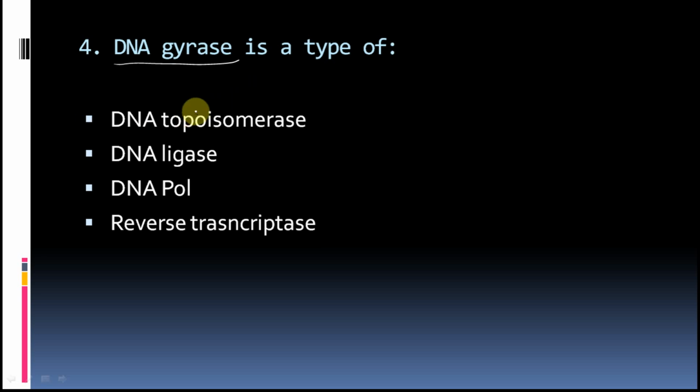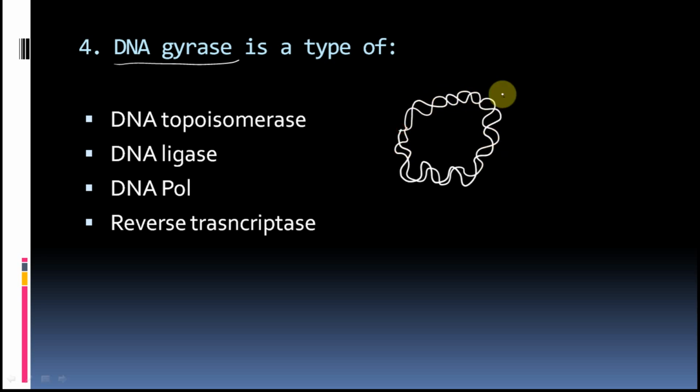Topoisomerase is responsible for DNA topology, meaning whenever DNA replication takes place, normally in circular DNA, the CCC, the covalently closed circular DNA, due to its double helical structure, DNA will not be able to open until it is cut from one side, right? So the replication fork will be very difficult to make.